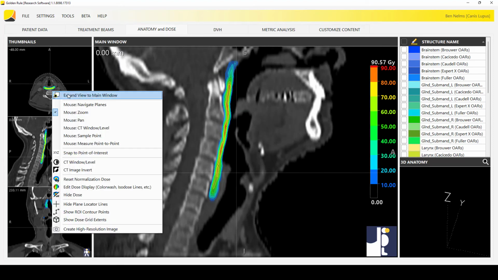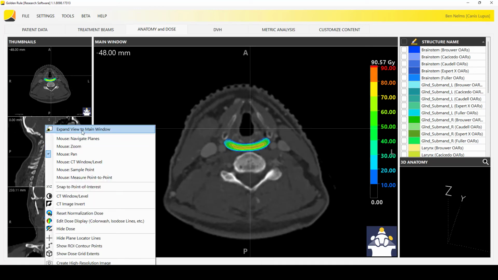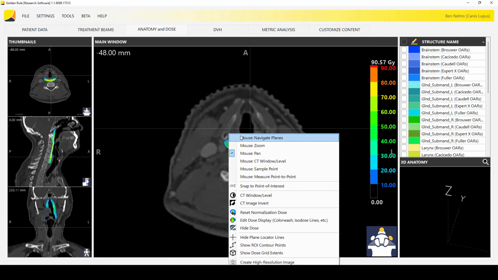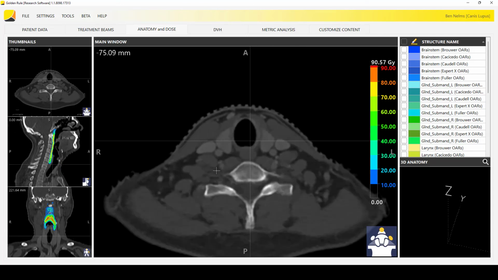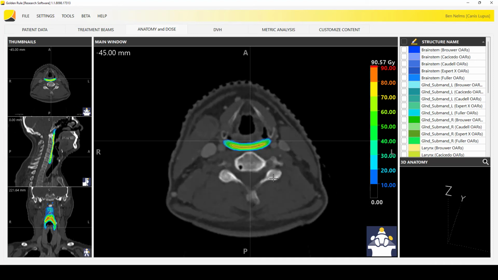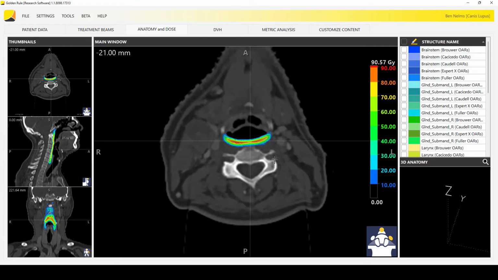Pretty picture. Let's go through the axial and do a fly through of this. I'm going to start at the bottom here, and I'm going to go up. We're looking now at the population. So no red yet. So there's a lot of people who didn't contour down this far.